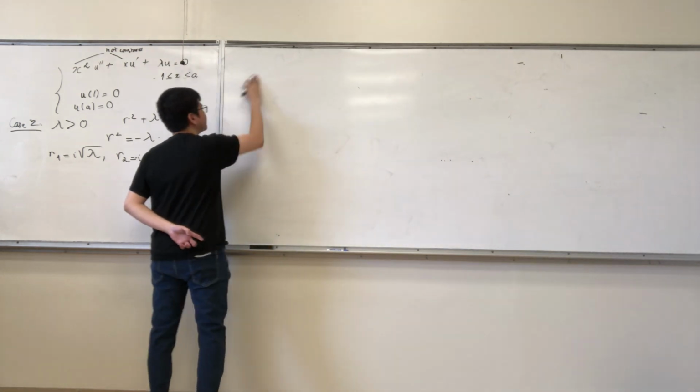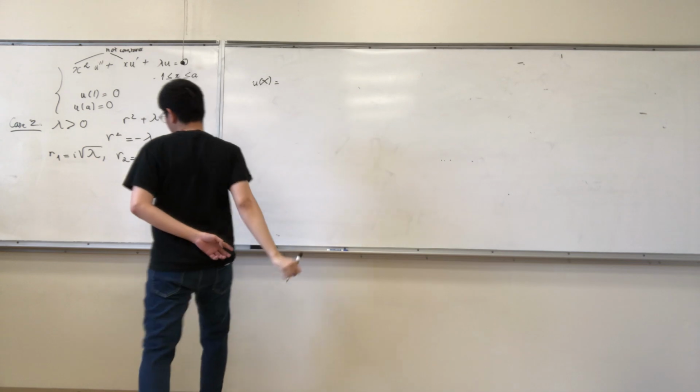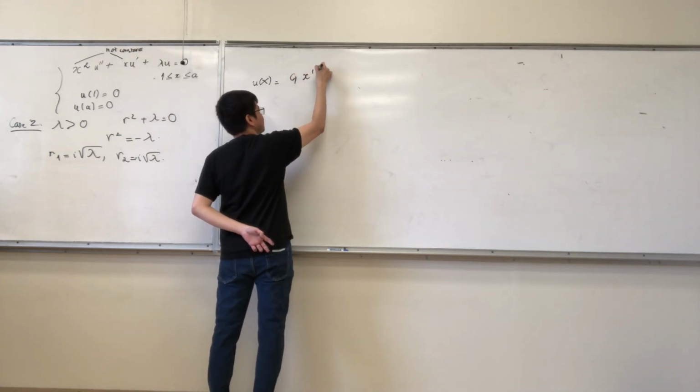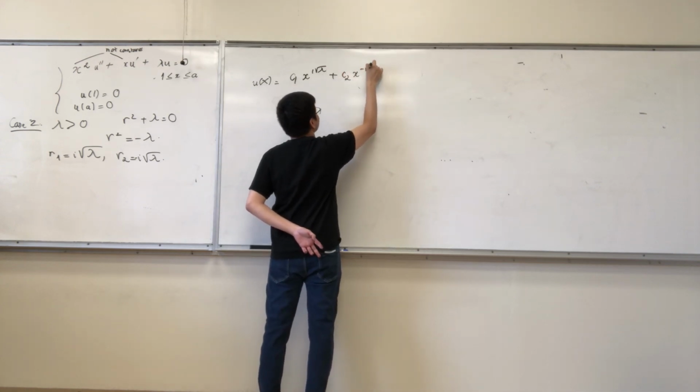So you're going to have u(x) will be c1 x to the i square root of lambda plus c2 x to the minus i square root of lambda.